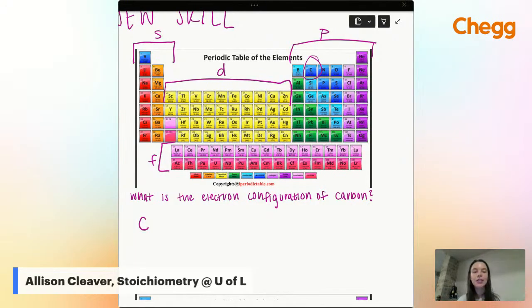An electron configuration is basically a way to tell where something is on the periodic table by its electrons. And in electrons, we have S, P, D, and F orbitals. They all have unique shapes. And in each orbital, there are different subshells. S has one subshell, P has 3, D has 5, and F has 7.